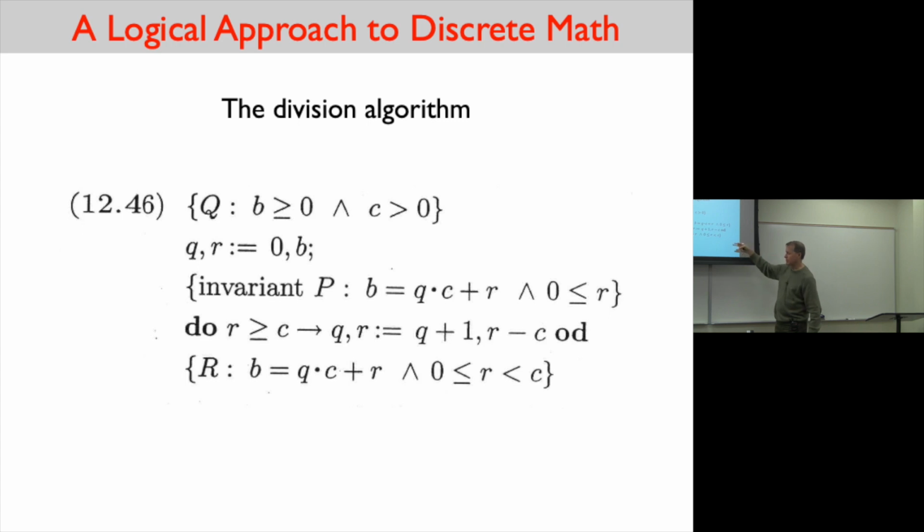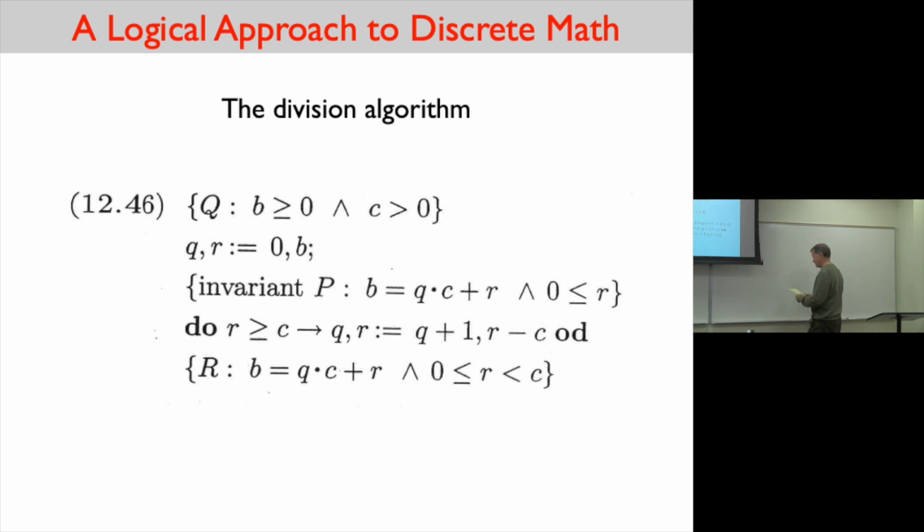R is initialized to B, and it successively subtracts C from R, and then it counts how many times it subtracts. So in the same way that the multiplication algorithm worked by adding and counting how many times it added, this is successive subtraction.